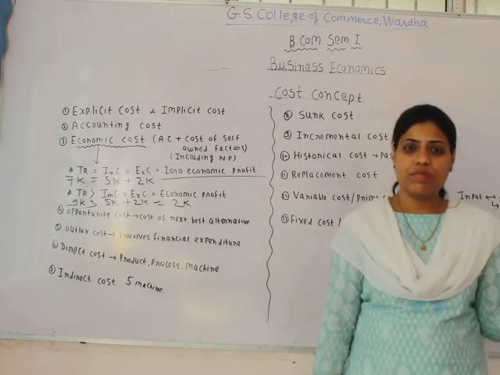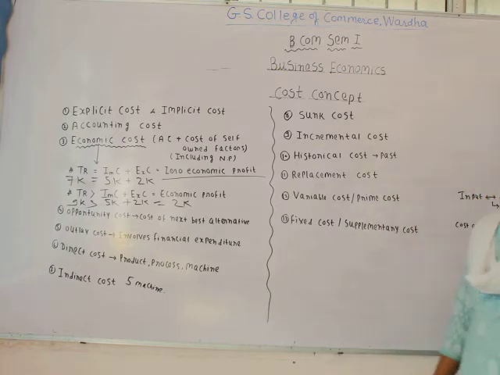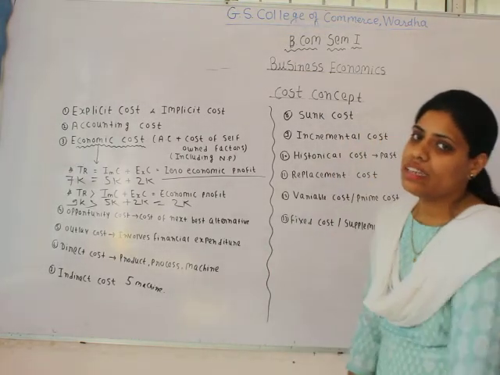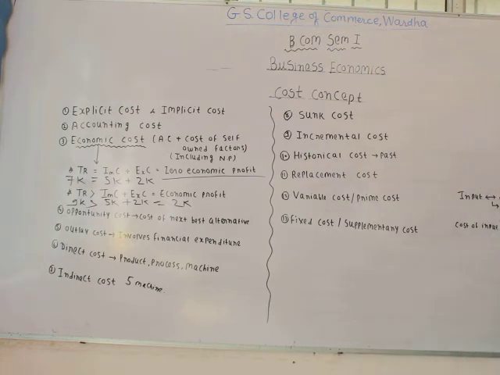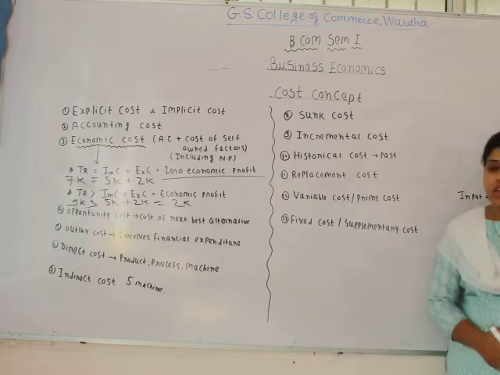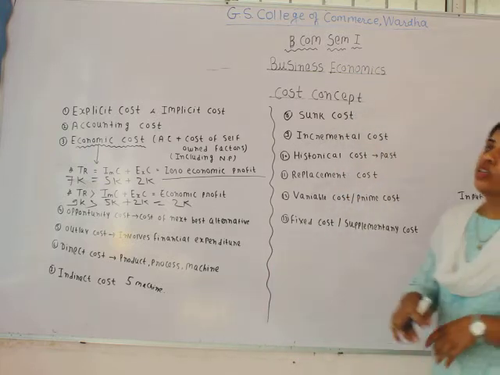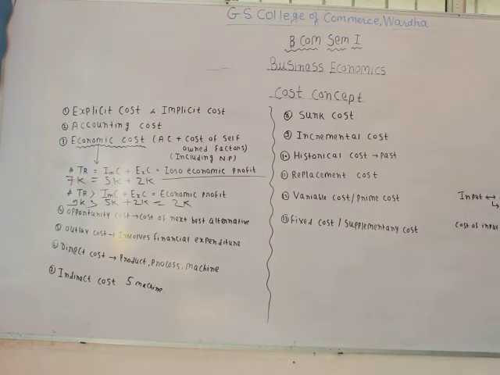That advertisement expenditure would become your sunk cost. You have invested some amount in research and development, and you have introduced a new product in the market, but that product has completely failed. So the cost of that research and development cannot be recovered. So that's going to be your sunk cost.